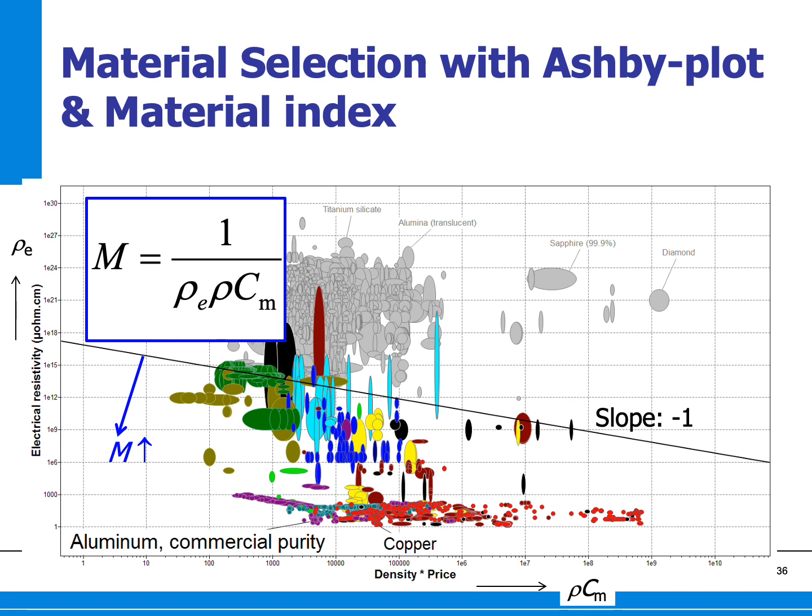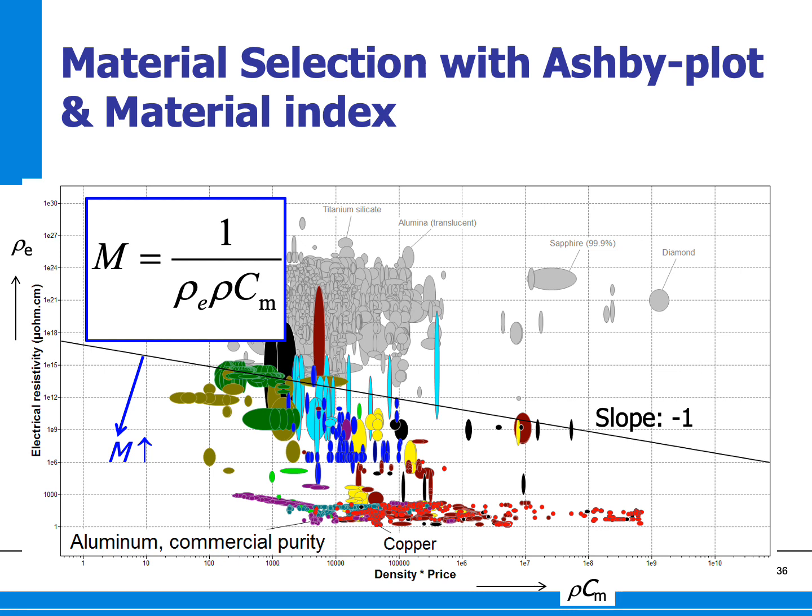Now the different colors in the plot refer to the different material families, so the red, for example, is the family of metals. Now we have derived this beautiful material index, and in the previous slide we have also rewritten this material index by taking the logarithms from both sides of this equation, and the graphical representation of this material index is basically given by this line, and here you see the slope -1 that we found in the previous slide.